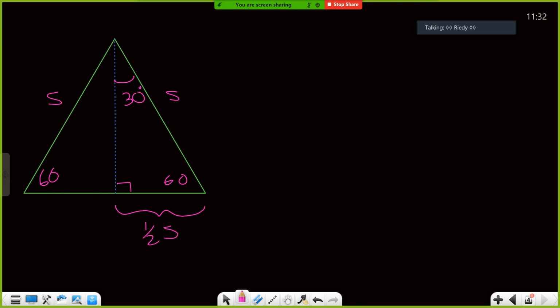And way back when we talked about equilateral triangles, we did the Pythagorean theorem to solve for the height, and then we put that together into a formula. And I'm not going to do that whole thing again. I am going to remind you that the area of that equilateral triangle is equal to S squared square root of 3 over 4.